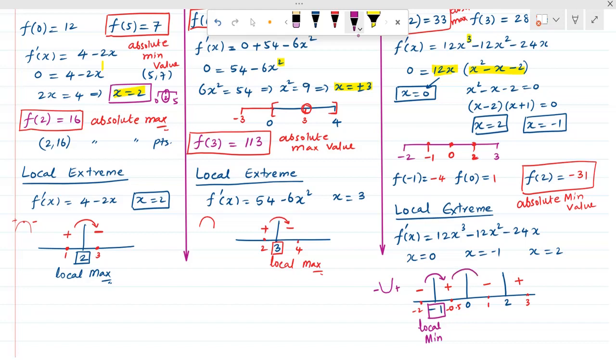And here plus to minus, therefore this one is a local maximum. And here we have negative to positive, therefore it is a local minimum. So you will have 2 minima and 1 maximum value. That's it. You can view the PDF file in the description box. Thank you.